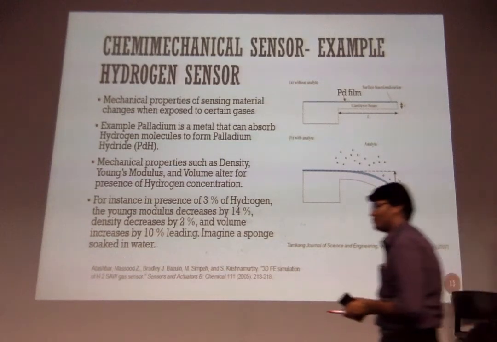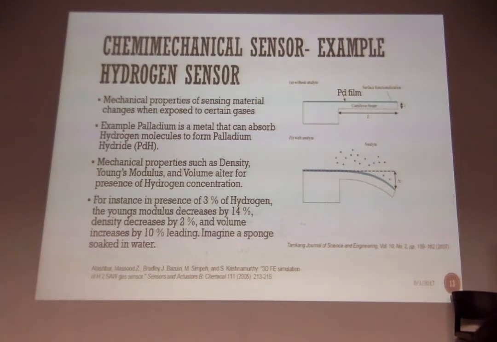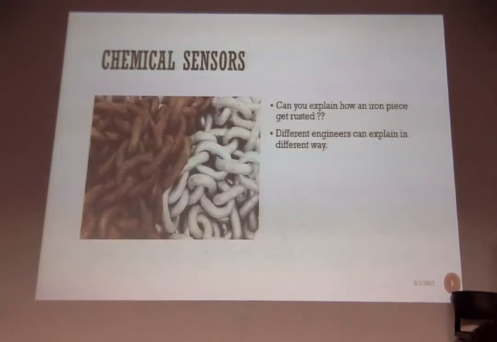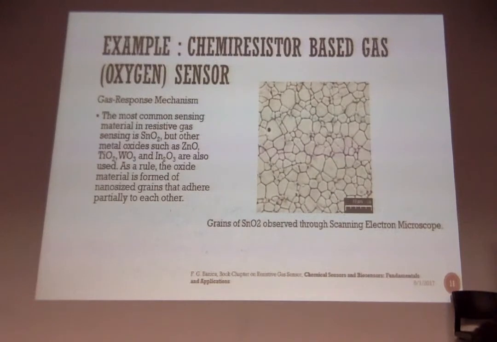Already I can see some people are angry with too much chemistry in what I'm talking about here, but actually I'm not talking that much. So just to summarize before I go to the next topic, I started by talking about these chemical sensors. I said there are 4 types, and I said a very important principle behind it. I'm just telling the fundamentals. I said how chemi-resistor sensors work, what the principle behind that is.